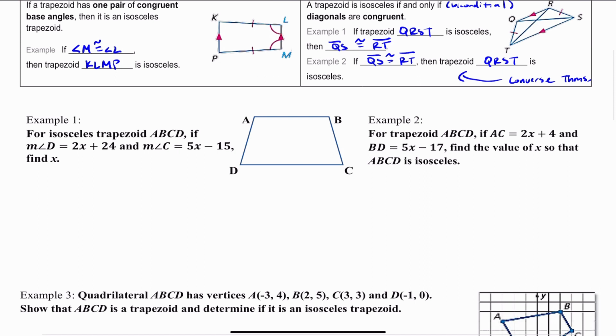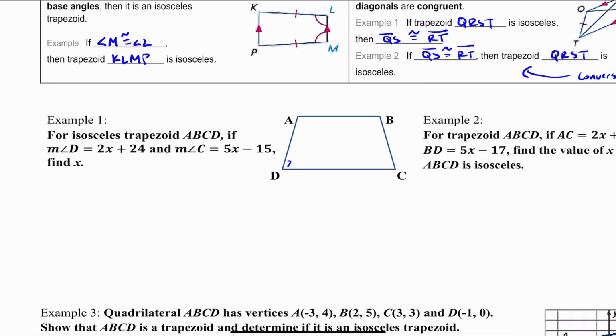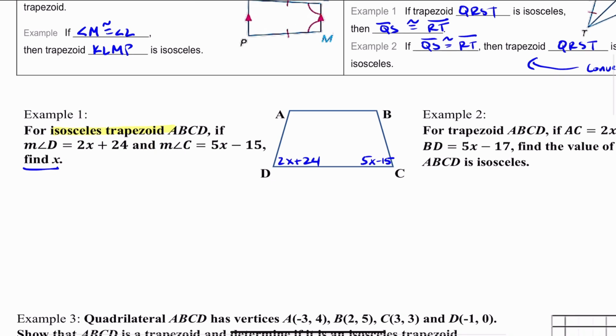So, here we go. Example 1 for isosceles trapezoid ABCD. If the measure of angle D is 2x plus 24, and the measure of angle C is 5x minus 15, find x. Well, we know that this is an isosceles trapezoid. So what does that mean? Well, first of all, let me go ahead and mark my picture.